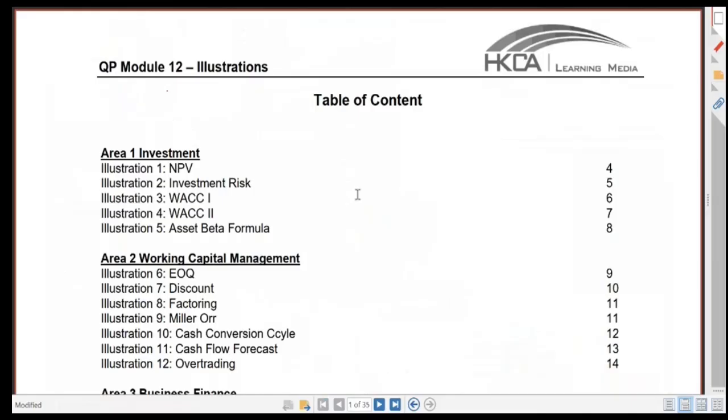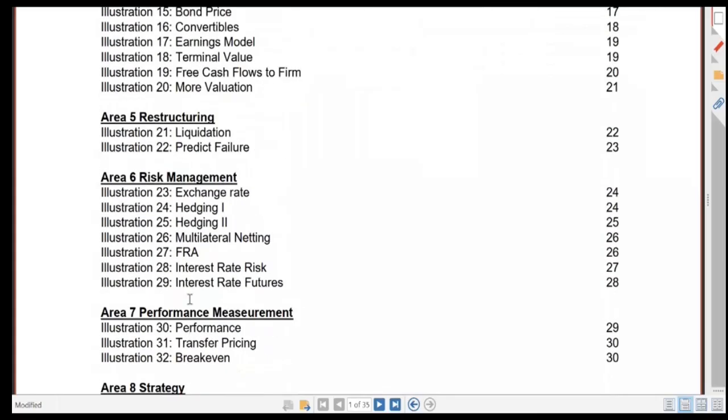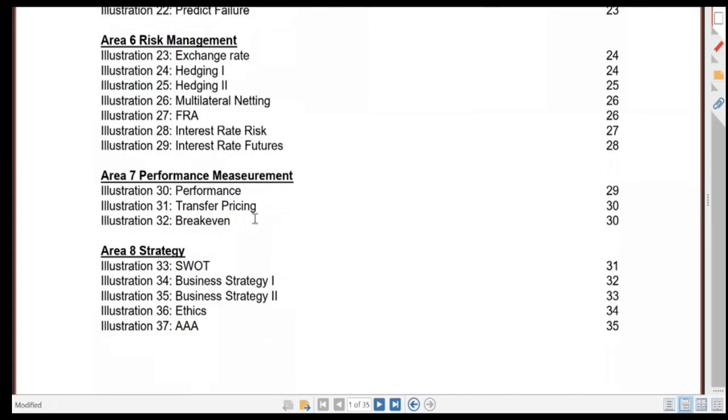So the arrangement is the same. Area 1, investment. Area 2, working capital. So these are the illustrations, 5 of them, and then this one until 12. Altogether 8 areas. Area 3, 4, 5, 6, like I said just now, risk management. 7, performance.